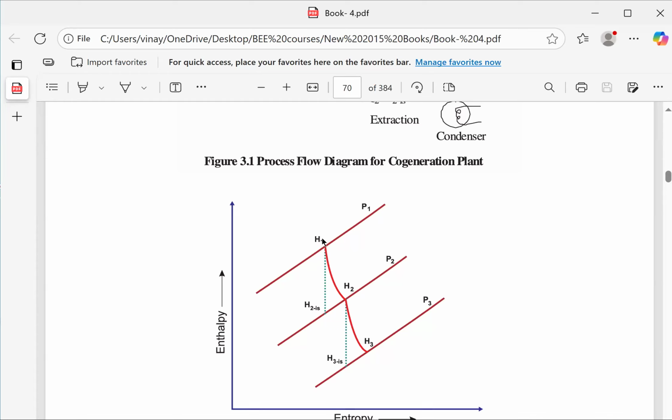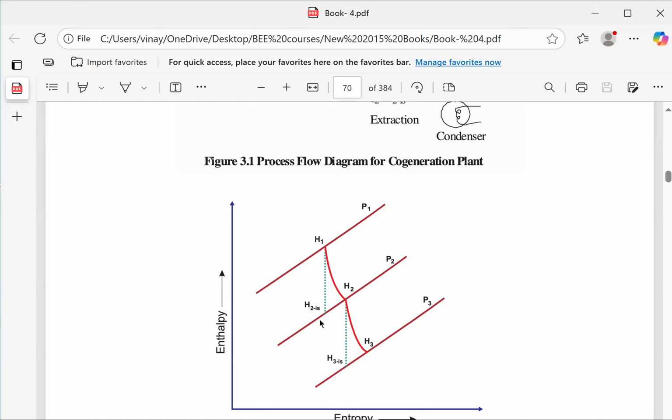Now, what is the difference between this curve? This is the actual curve. This is how actually it has dropped. You take a tangent from this point, it will be somewhere here, whereas ideally it should have been here. This difference between the two is the inefficiency or the loss in expansion levels. So you got it.